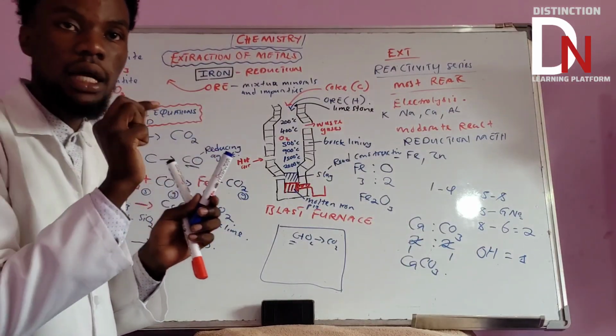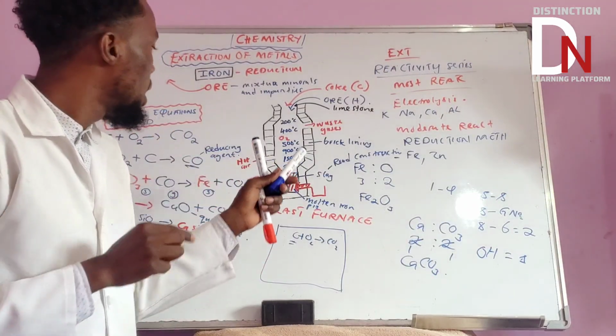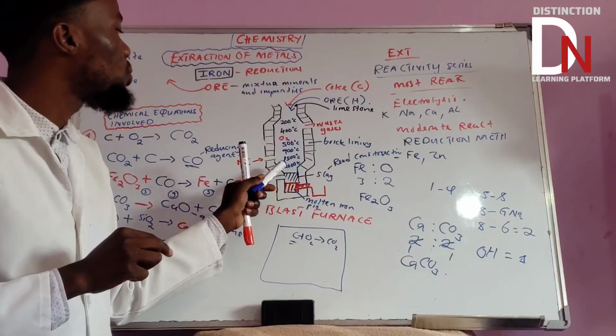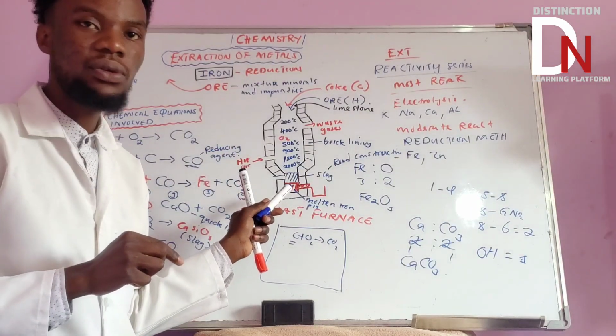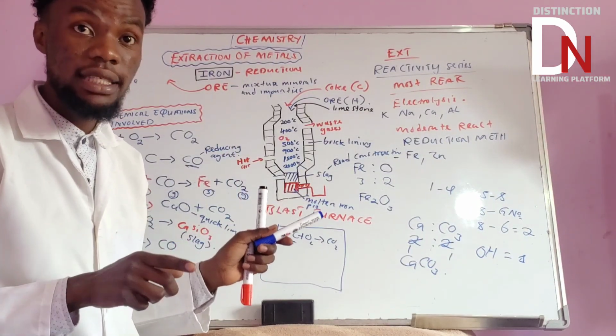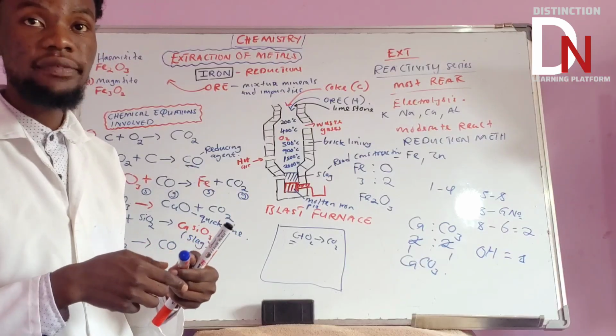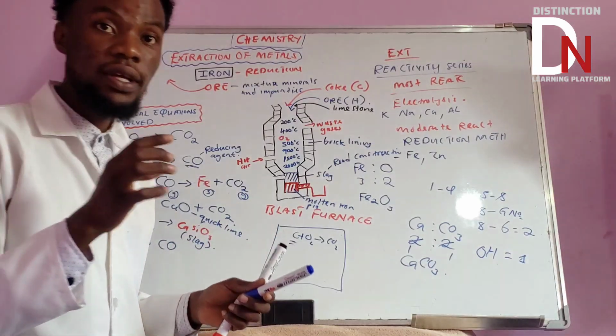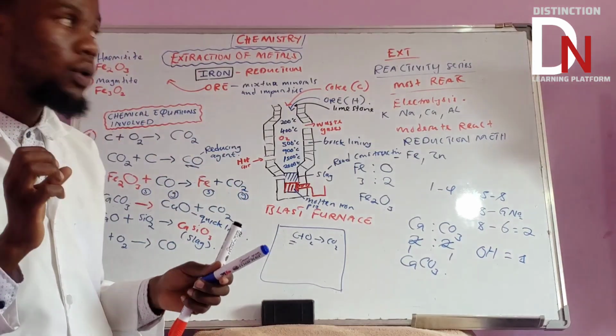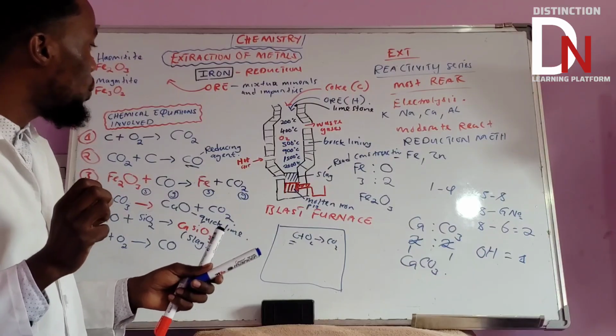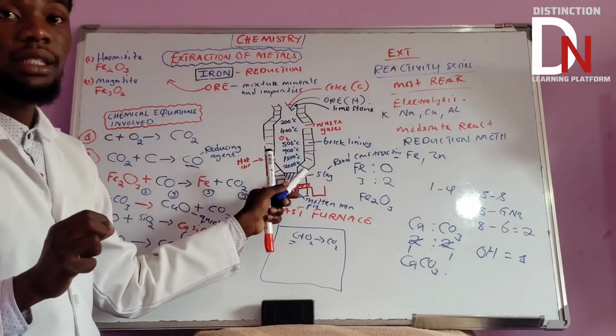Because if it escapes from the blast furnace, the temperature that we have, up to 2000 degrees Celsius, is not going to be there, because the hot gases that are entering the blast furnace are escaping. So to prevent the escaping of the hot gases, the brick lining should be thick.